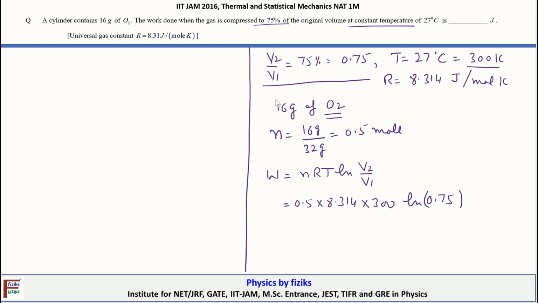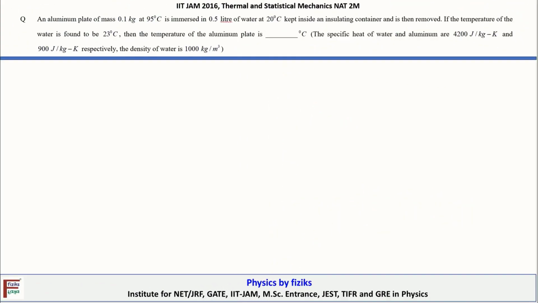After evaluating these results, this turns out to be equal to minus 358.6 joule. So this is our answer. So let's continue with the next question.